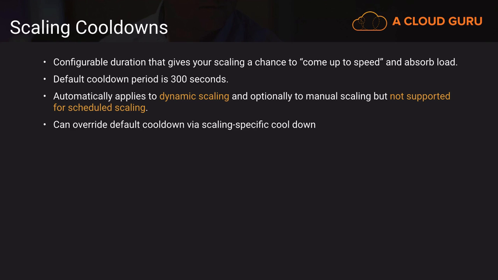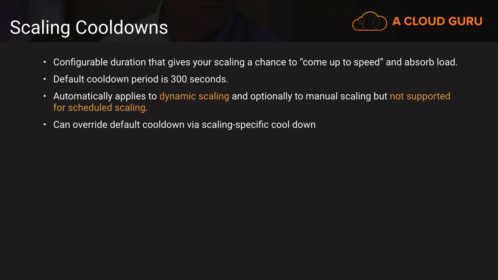And you can also override the default cooldown via scaling specific cooldown. Where you might want to do that is maybe in a scale down policy. Because in a scale down policy, you're just terminating instances, there's really no need to wait as long as you would if you were bringing up instances. So the end result is you could scale down faster than having to wait the same period as when your systems spin up.